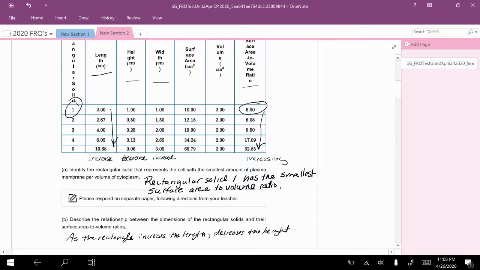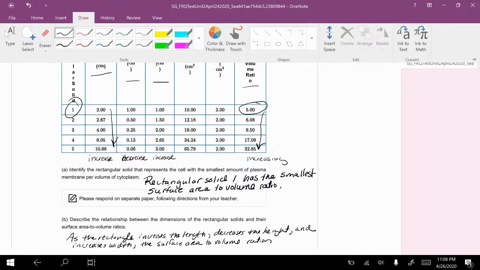Decreases the height and increases with the surface area to volume ratio.